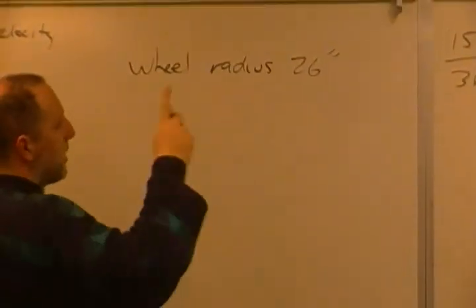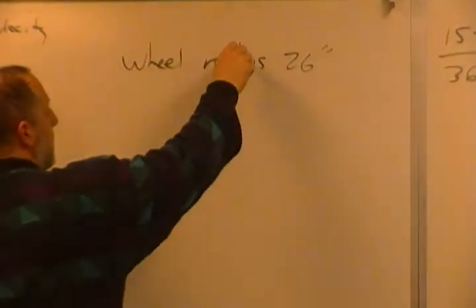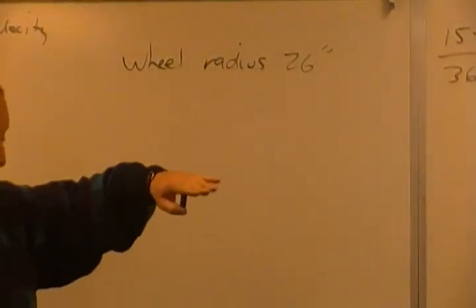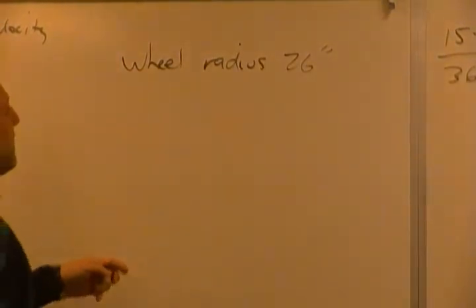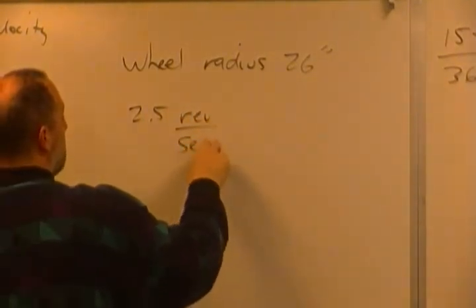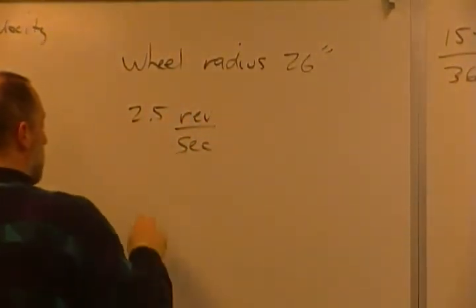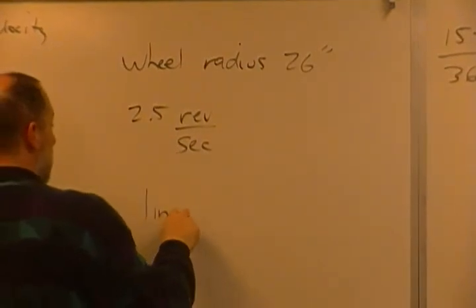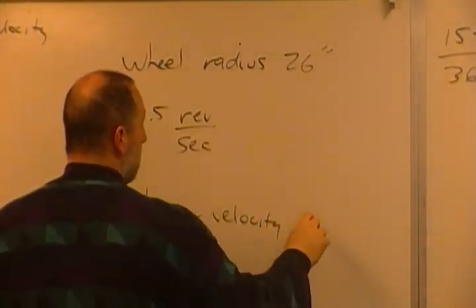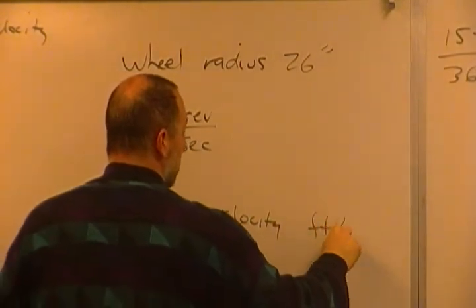Not for bicycles. No, that's around this way. Well, it's okay. It has a radius of 26 inches. We'll just say it's a very large tire. It's like a big bicycle. So you got a wheel of radius 26 inches. It makes 2.5 revolutions per second. Wow. You're going fast. Yes, sir. What is the linear velocity in feet per second?